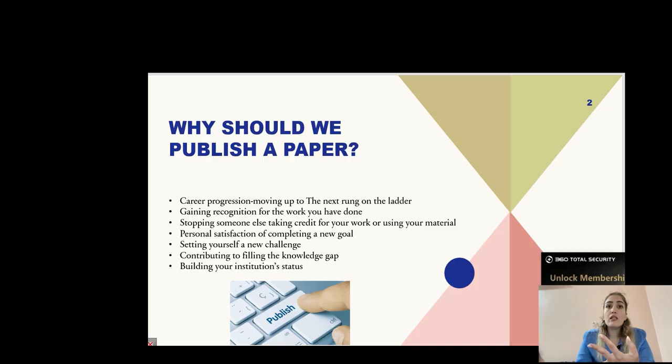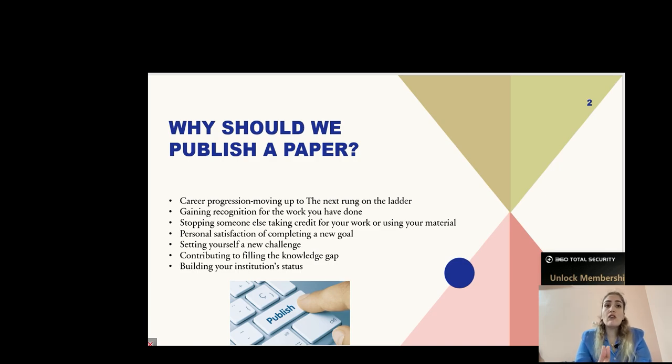Otherwise, someone else may take credit for your work. For example, if you did research in your master's or PhD thesis and don't publish your paper, someone else may use your data and publish your actual work. So it's very important to publish your paper.